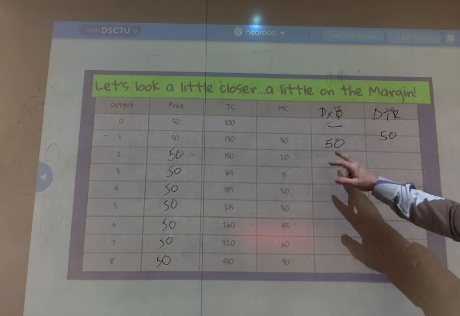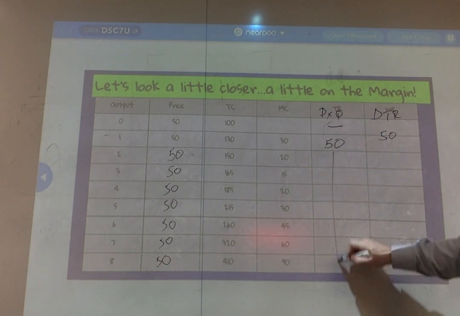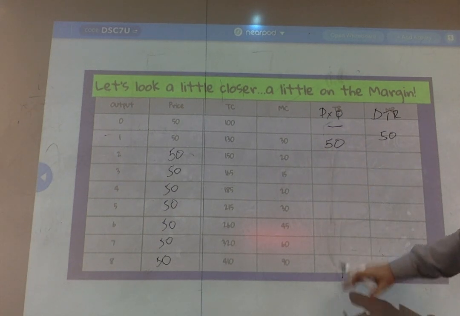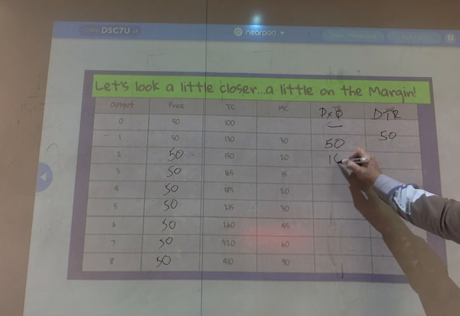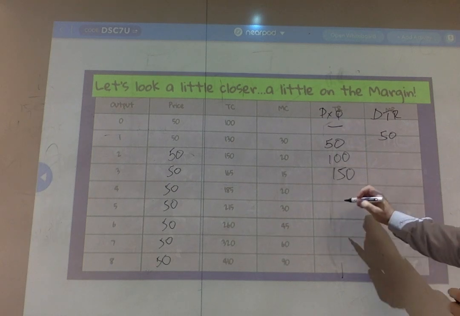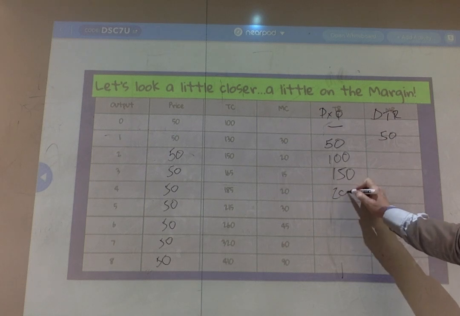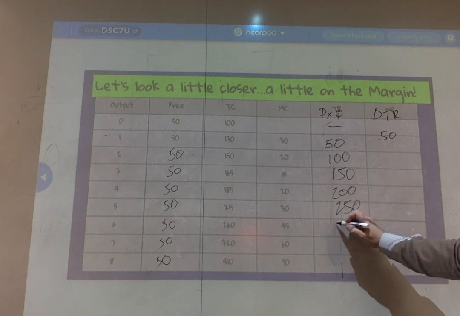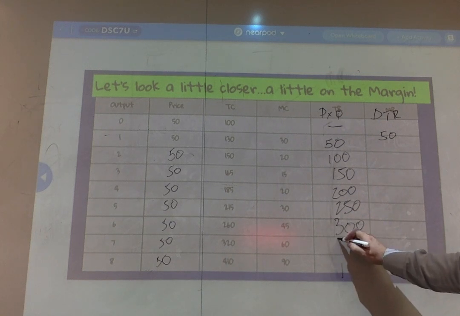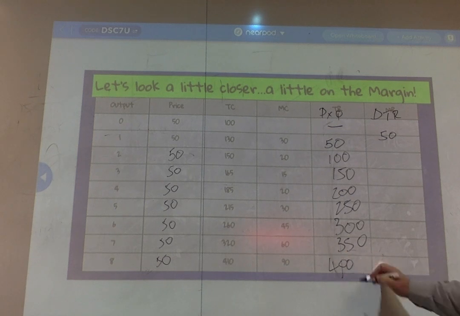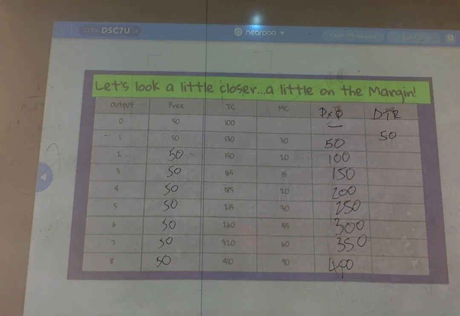Right. So therefore 100, 150, 200, 250, 300. Yes? Done that quick?